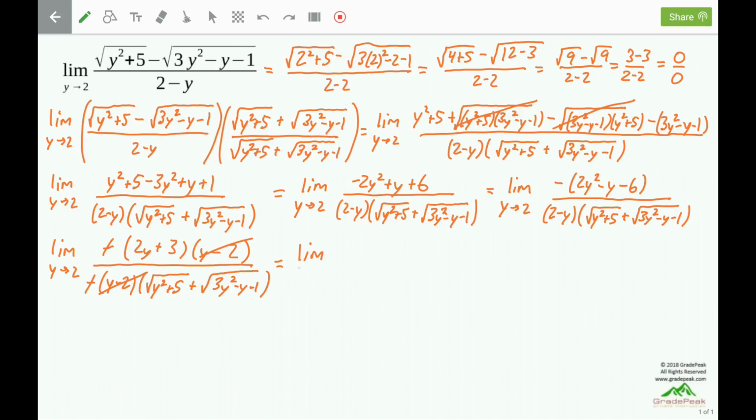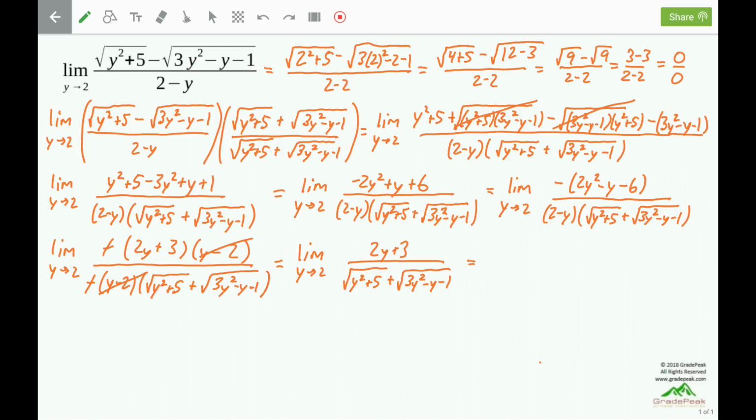So that gives us now, limit as y goes to 2 of 2y plus 3 divided by the square root of y squared plus 5 plus the square root of 3y squared minus y minus 1. We should no longer have 0 over 0.